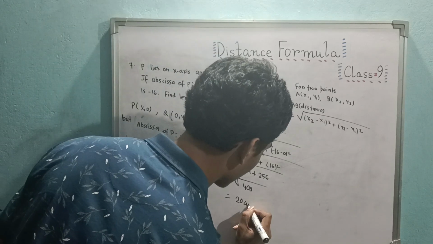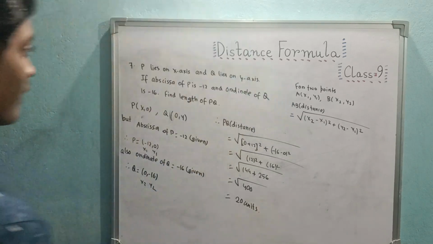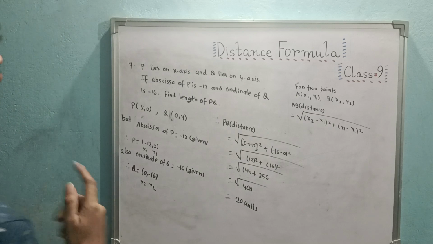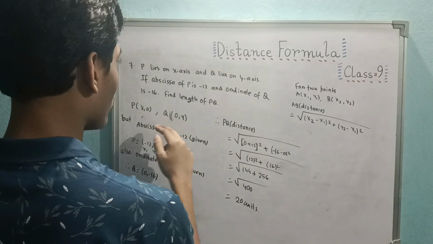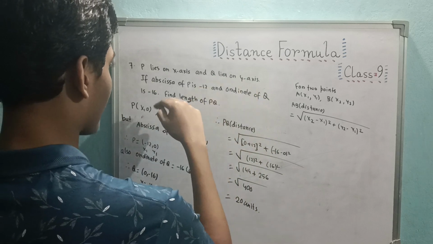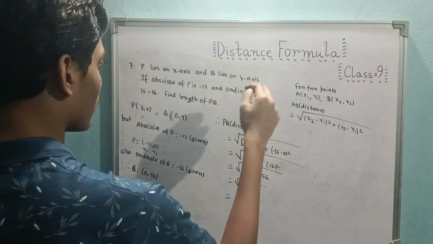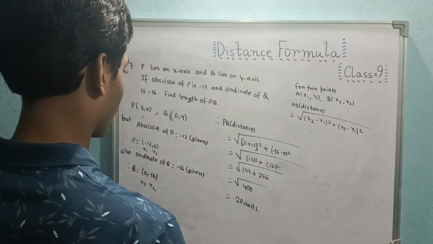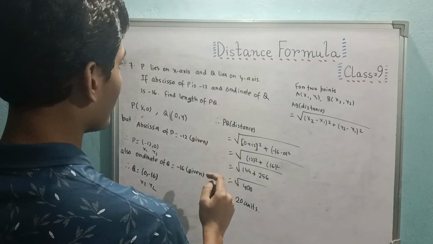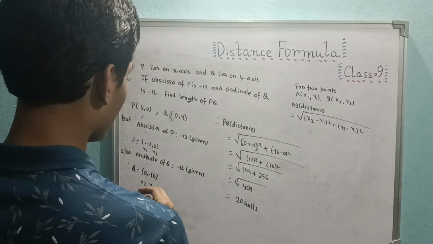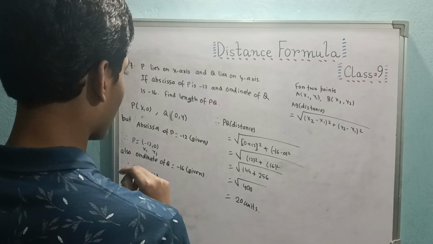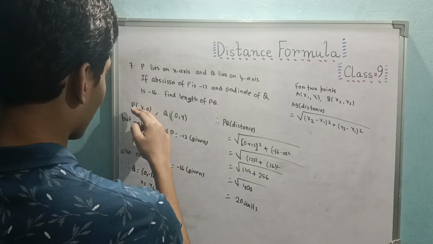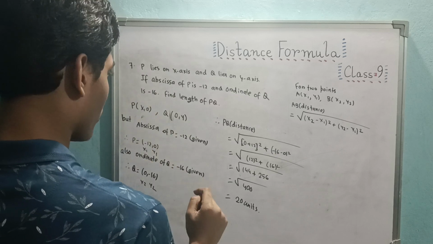That's your answer. So see the tricks. Originally P is on the x-axis, ordinate 0. Q is on the y-axis, abscissa 0. But P's abscissa is given to us, so we substitute it as minus 12. Q's ordinate is given to us, we substitute it as minus 16, which we were taking as y, an unknown value. And the abscissa we take as x, an unknown value.